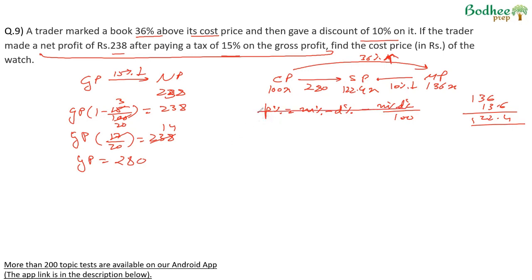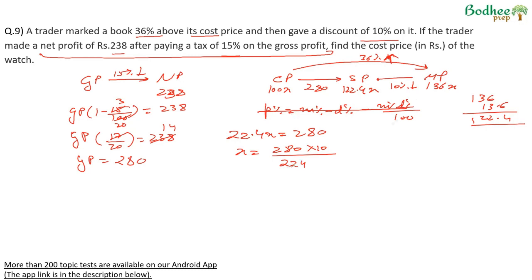I have not used this formula. So 22.4x, and this is given as 280. So if we divide, x becomes 280 upon 22.4. To remove the decimal, I'm multiplying by 10: 2800 upon 224. 224 will be divisible by 4.